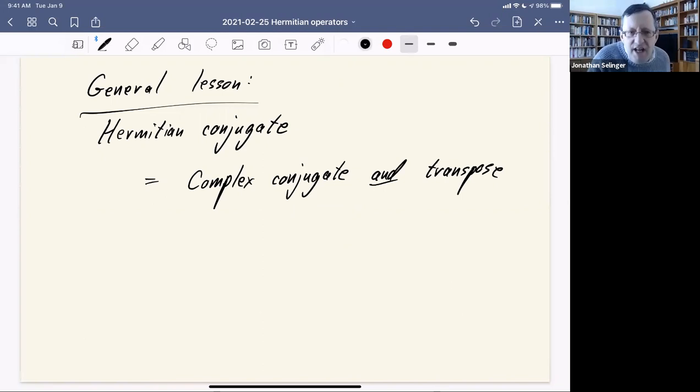That's the complex conjugate part. And so doing a Hermitian conjugate is like doing both kinds of switches. It's transpose from the matrix point of view, and also complex conjugate from the complex number point of view. So a Hermitian conjugate includes both of those two concepts.